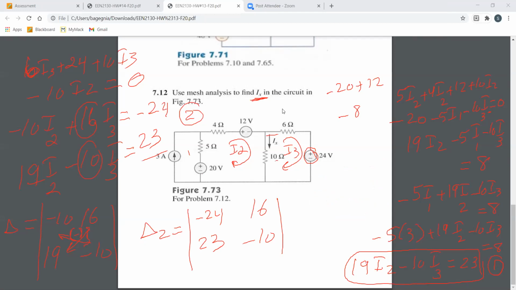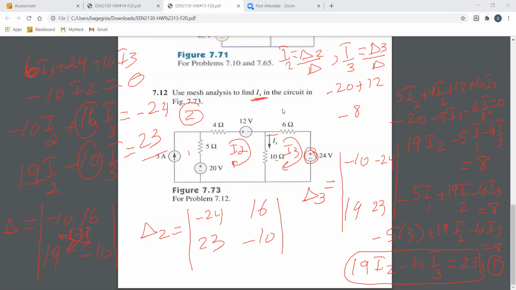So delta 3 will be, I keep the first column the same, and the second column replaced by the right-hand side, negative 24 and 23. And then I2 will be delta 2 over delta, and I3 will be delta 3 over delta.